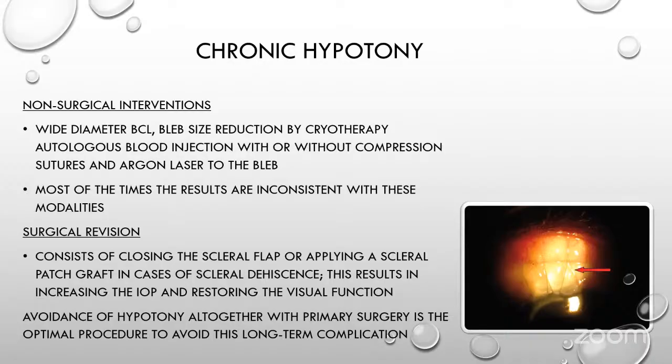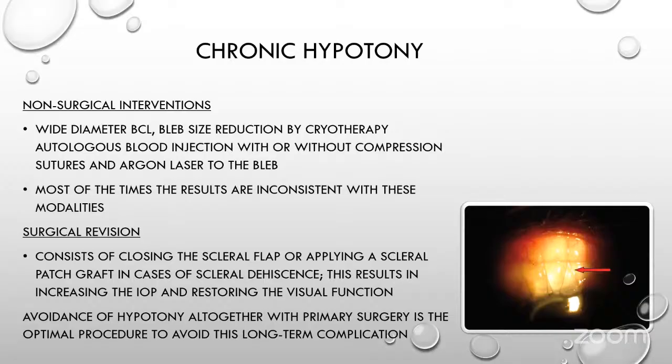Non-surgical intervention for chronic hypotony includes use of a wide diameter bandage contact lens to have a tamponading effect. Some people have even advocated the use of gentamicin drops, which have been shown to incite some subtle inflammatory occurrences, added to the wide bandage contact lens.